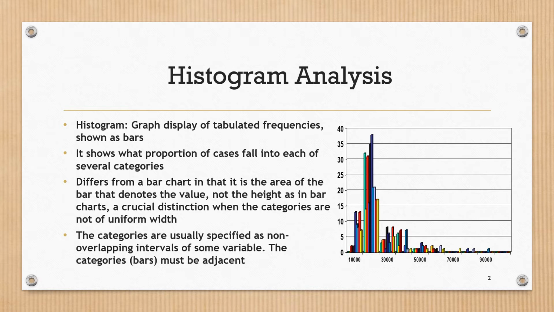If the attribute is nominal, such as automobile model or item type, then a vertical bar is drawn for each known value of x. The height of the bar indicates the frequency, that is, the count of that attribute value. The resulting graphic is more commonly known as a bar chart.